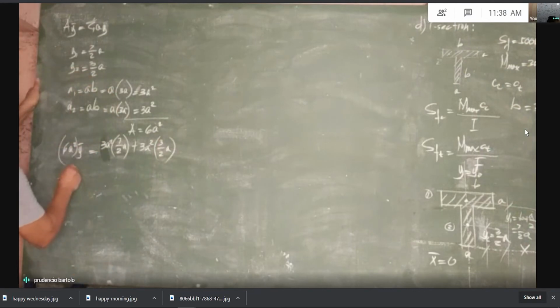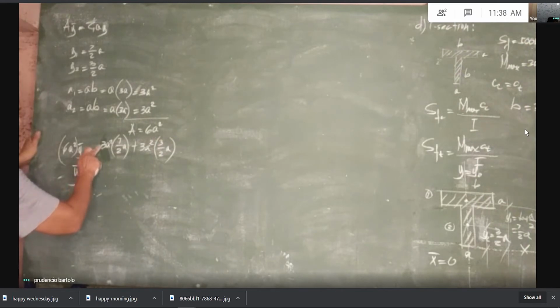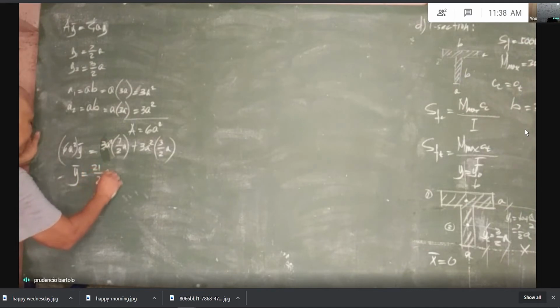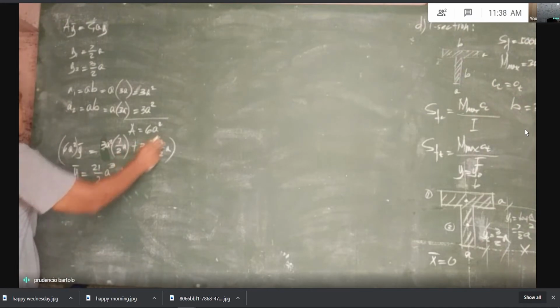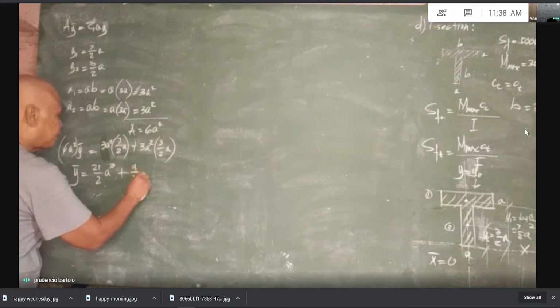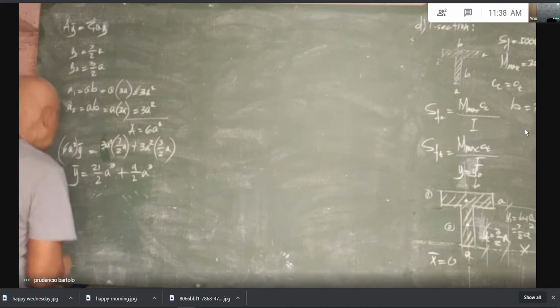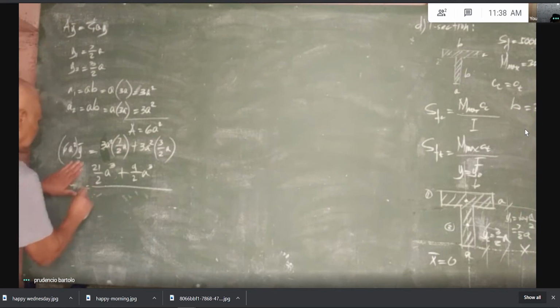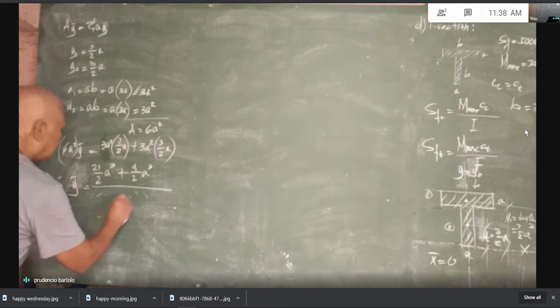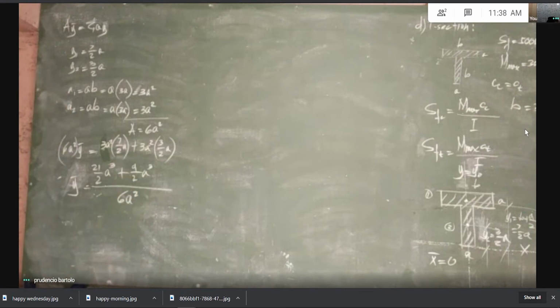Or our y bar now will be equal to, that is 3 multiplied by 7, that is 21 over 2a cube, plus 3 by 3, that is 9 over 2a cube, all over 6a squared.